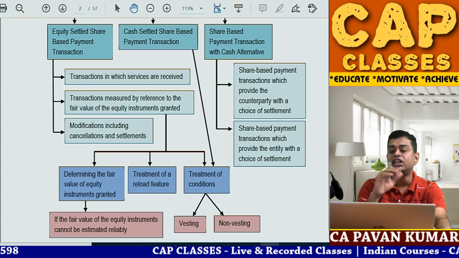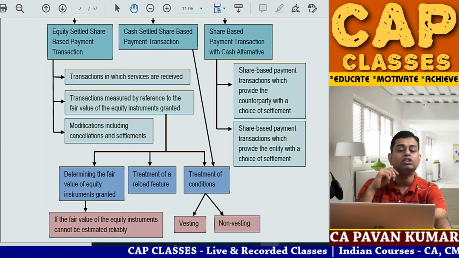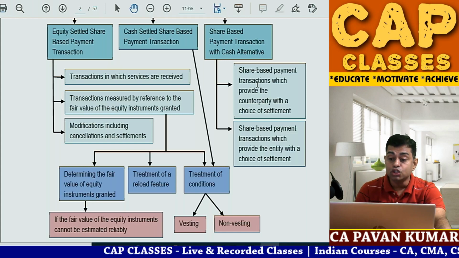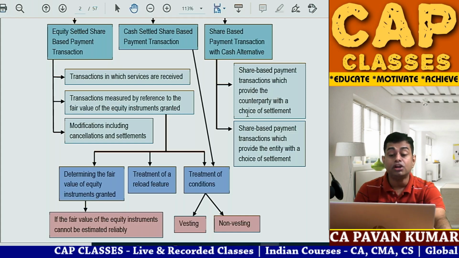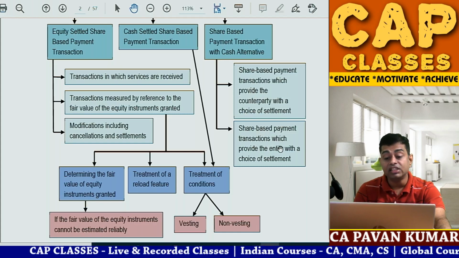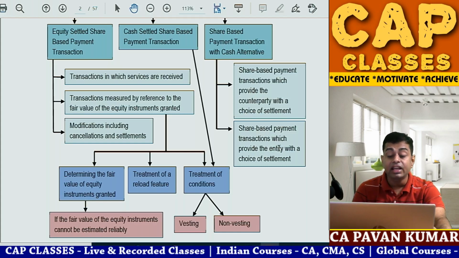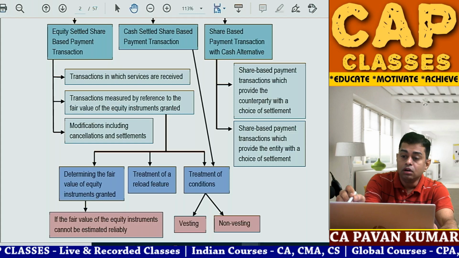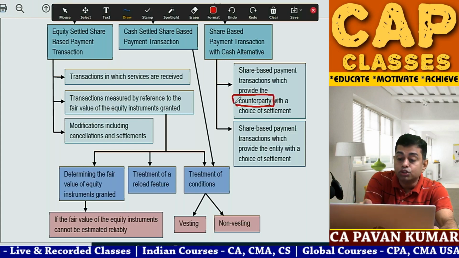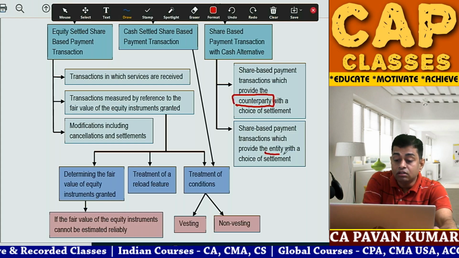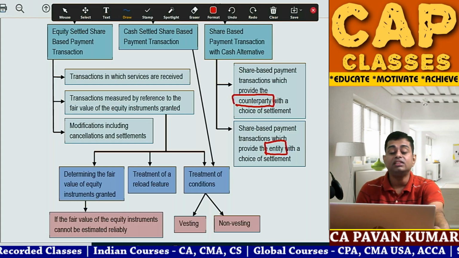Both are possible. So look at these two boxes. Share-based payment transactions which provide a counterparty with a choice of settlement. Share-based payment transactions which provide the entity with a choice of settlement. So in one situation, the counterparty has the right to choose. In one type of transaction, the entity has the right to choose.